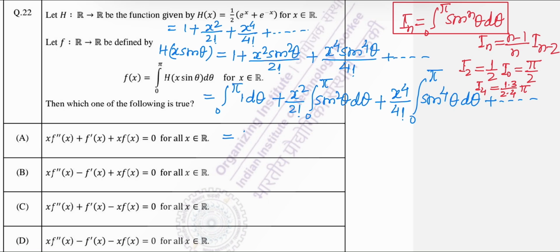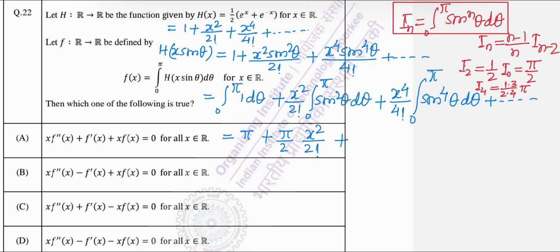So our f of x becomes pi plus the integral of sin square theta d theta from 0 to pi, which is I2, and you see in red I2 is pi by 2, so here will be pi by 2, and x square by factorial 2 is already there.